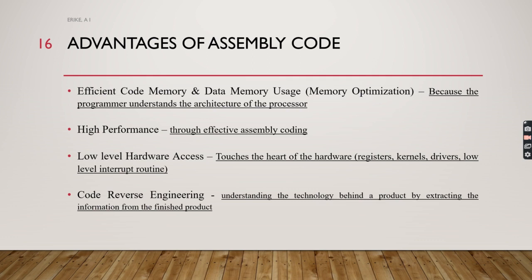Because you have known the pathway, you can navigate to get at that particular product. So there is efficient code memory and data memory usage, because the developer is well aware of the target processor architecture and memory organization, so optimized code can be written.